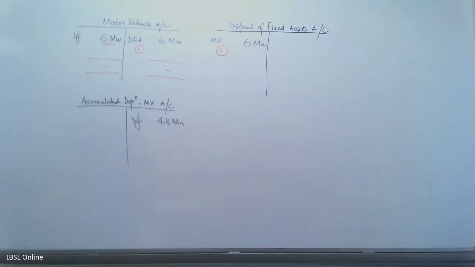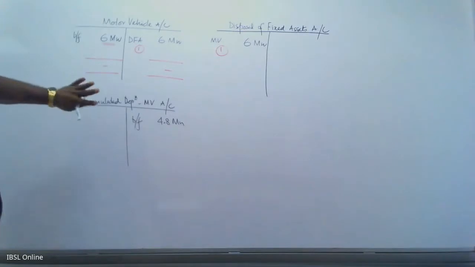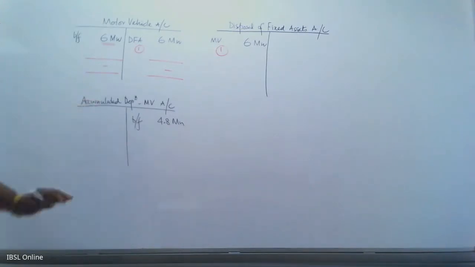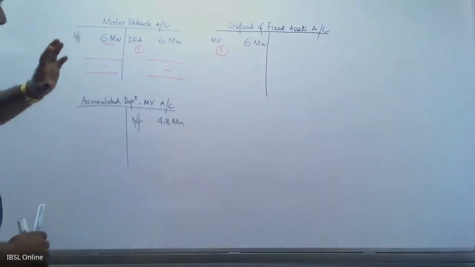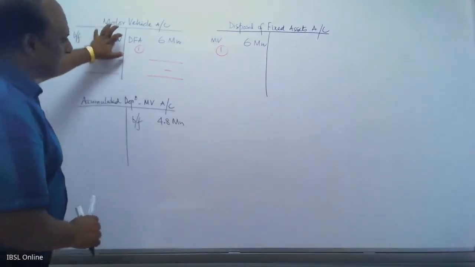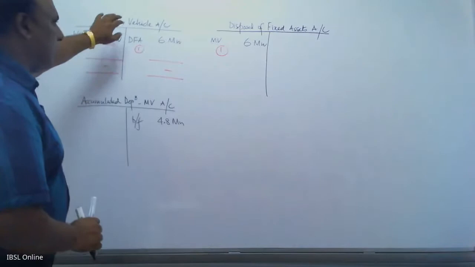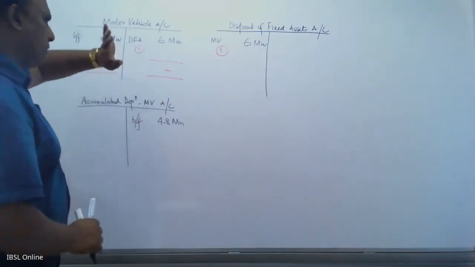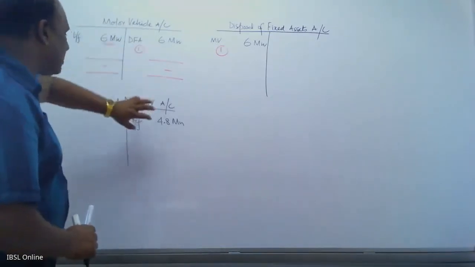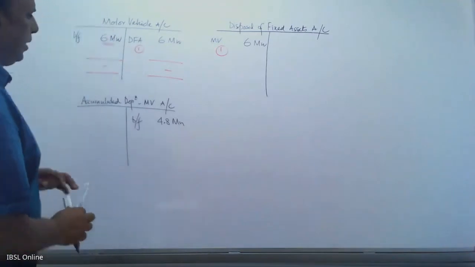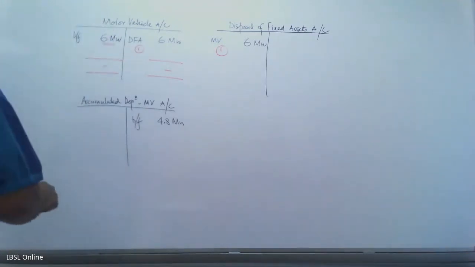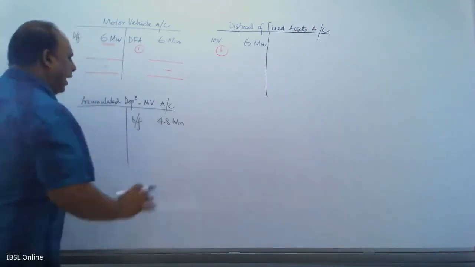The second transaction: if I have removed the cost of the asset, then there is no point in keeping the depreciation also. I have to remove the depreciation also. Now we are talking about the depreciation relating to this particular asset. There can be five or six motor vehicles, but we are not bothered about that. We are taking an example of one particular motor vehicle. So the second transaction would be to remove the accumulated depreciation.